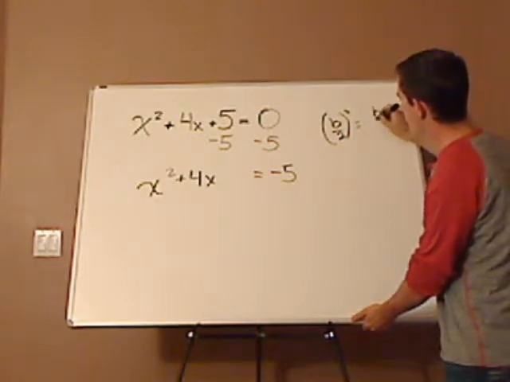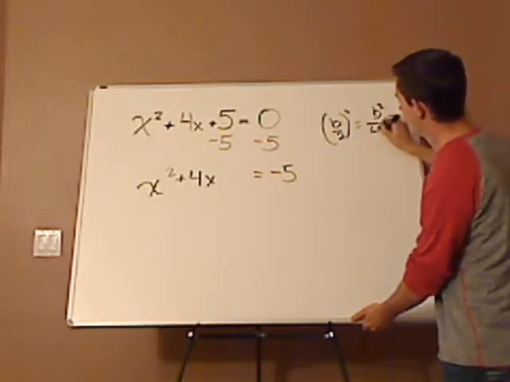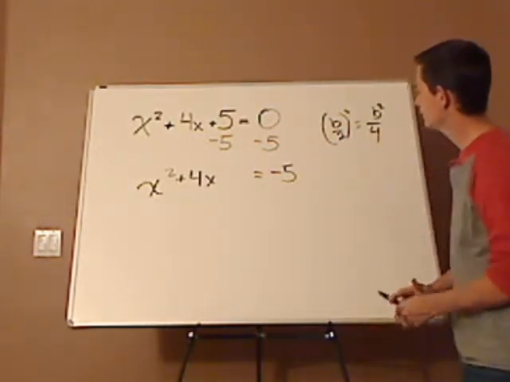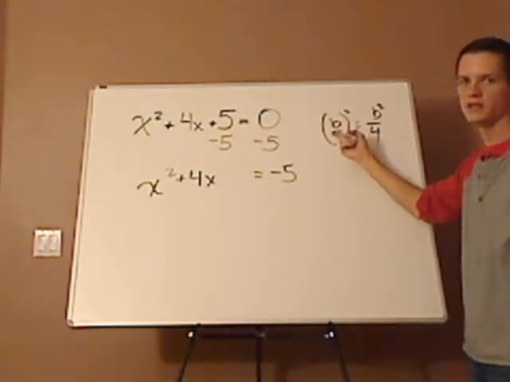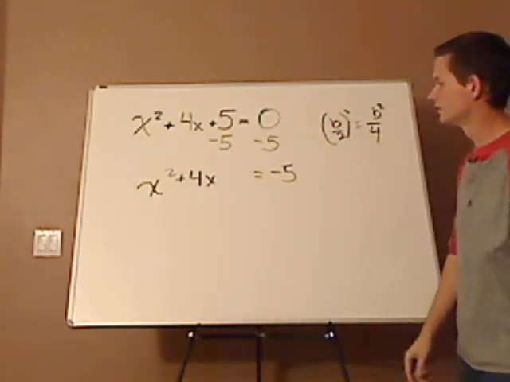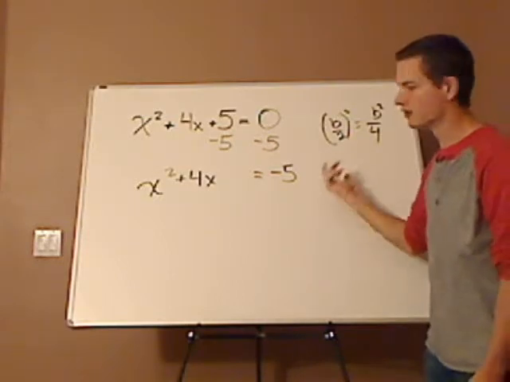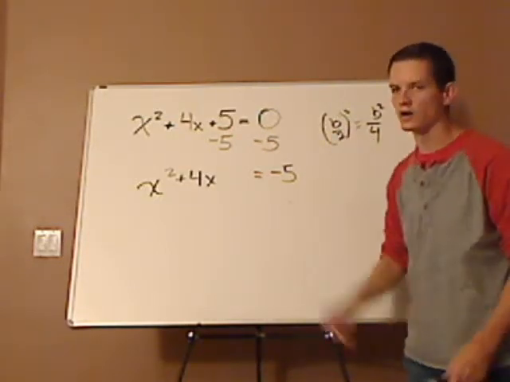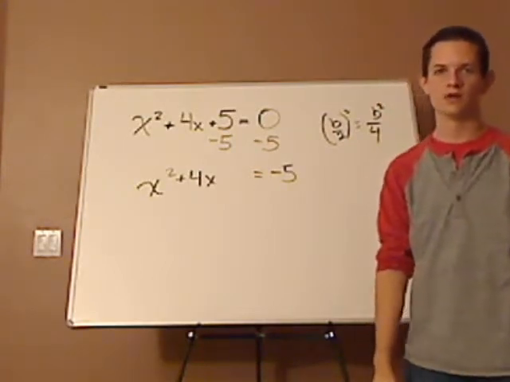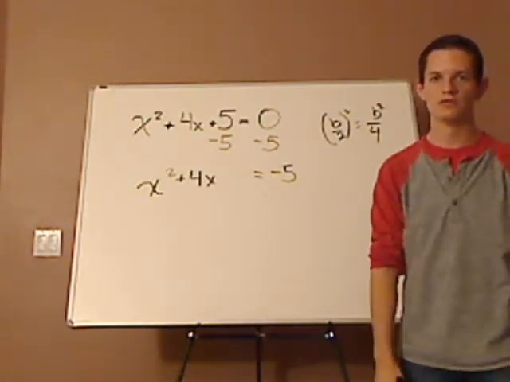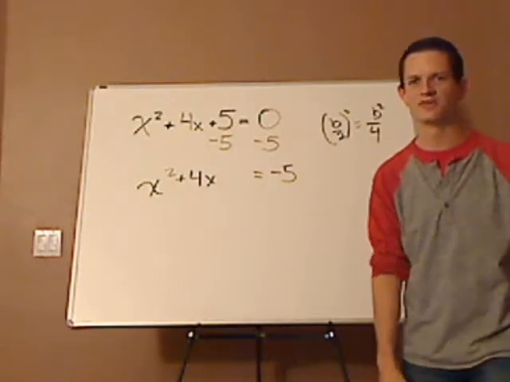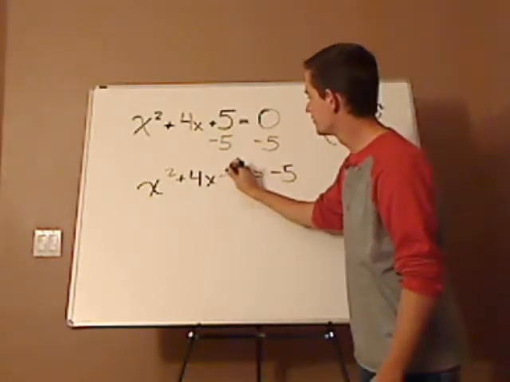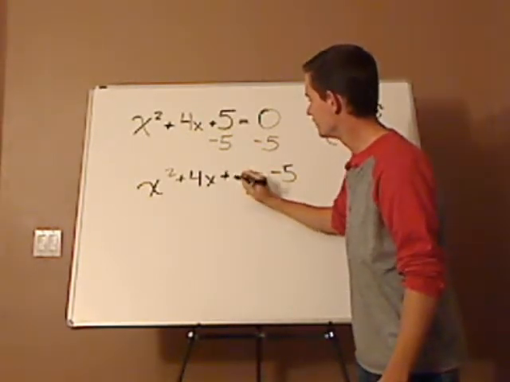When you do that, you have b squared over 4, because you square the b, you square the 2, you get this. But you don't want to do all the work in your head, so you just half this and then square it. What's half of 4? 2. And what's 2 squared? Yeah, it's 4. It's pretty simple. So you add 4.